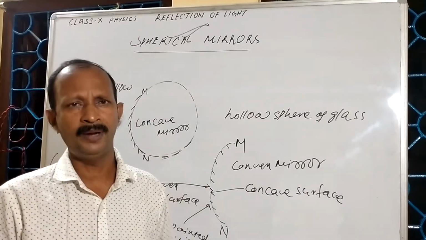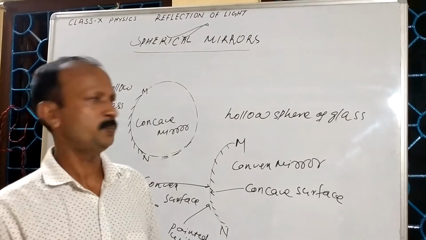Because silver is the best reflecting substance, we can say it is a spherical mirror.